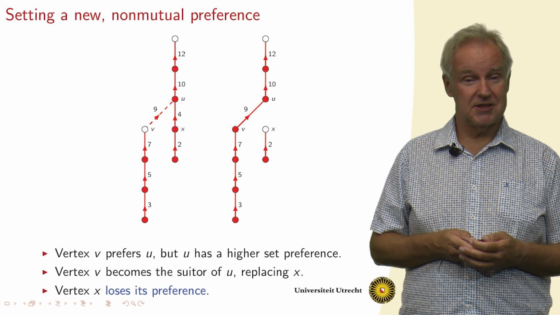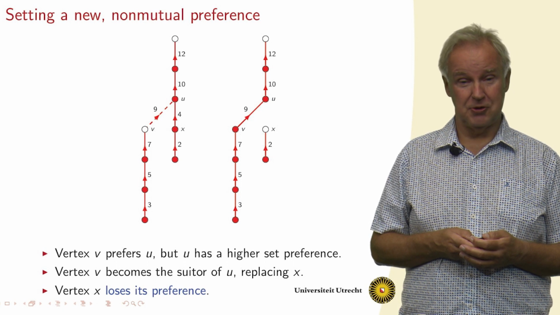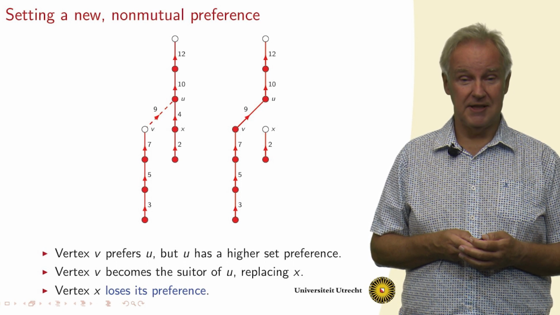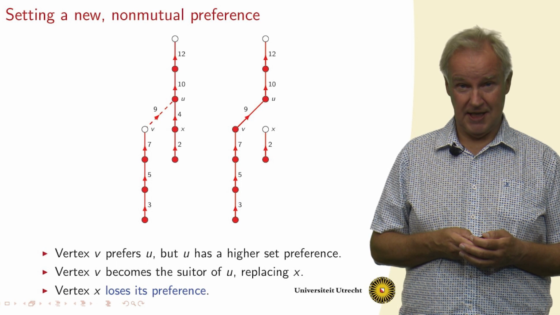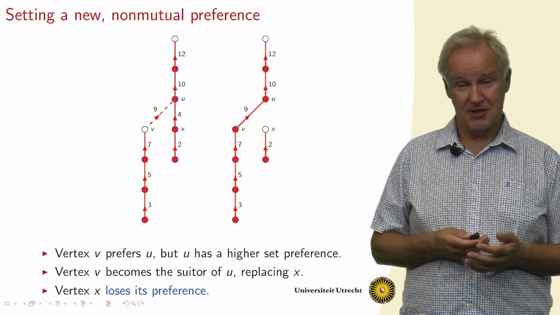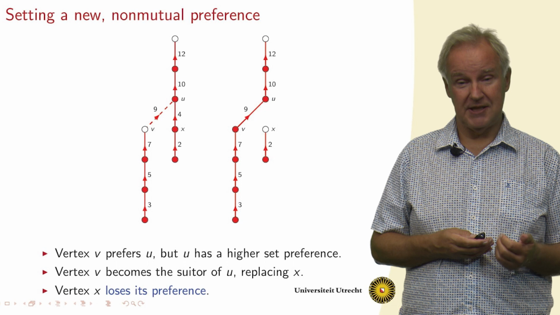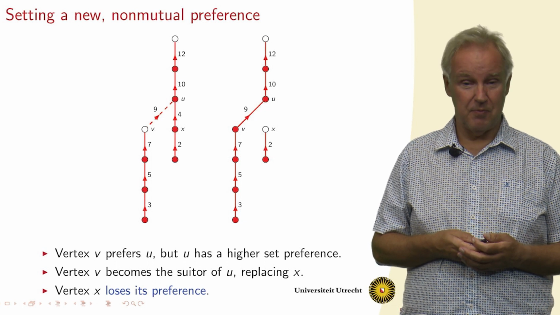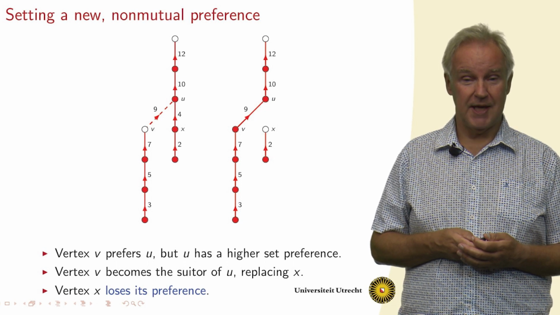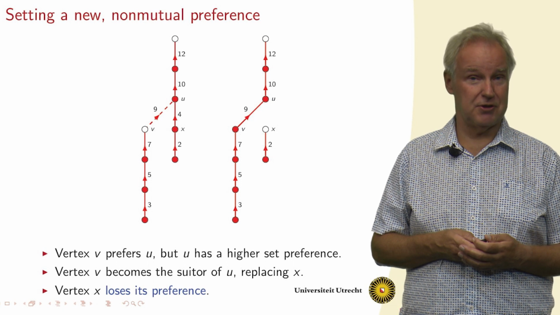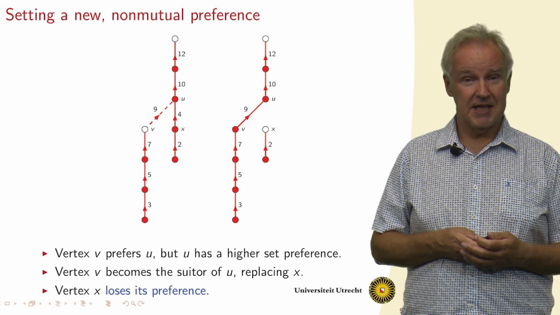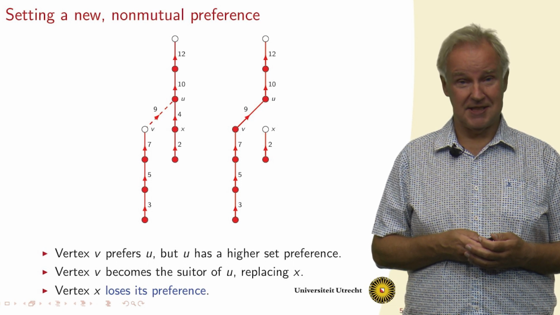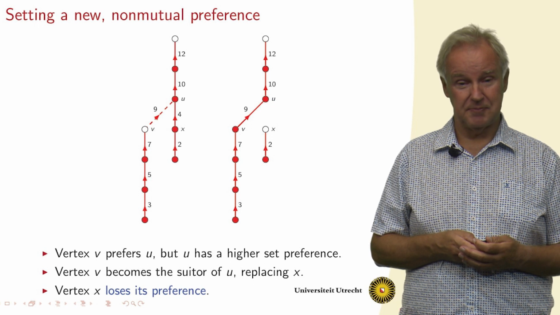And in this case, u already has a suitor with a lower weight. The suitor is x. So x will be displaced by the higher value, and in this case v becomes the new suitor. x has to reset its preference also in this case.